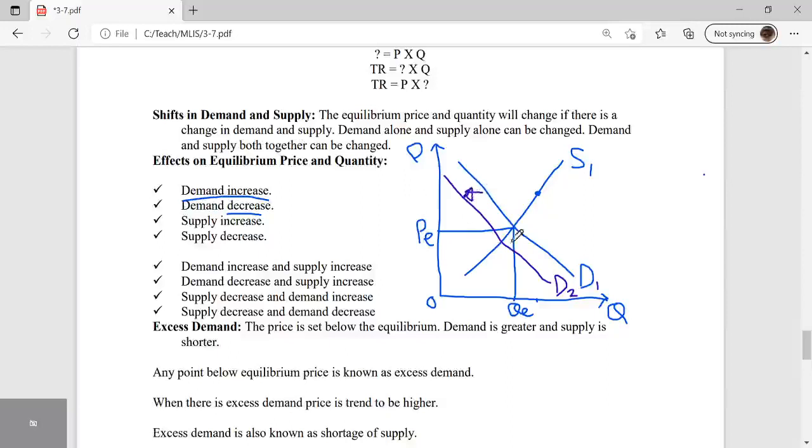There will be a new intersection point, and from there you get a new price and new quantity.